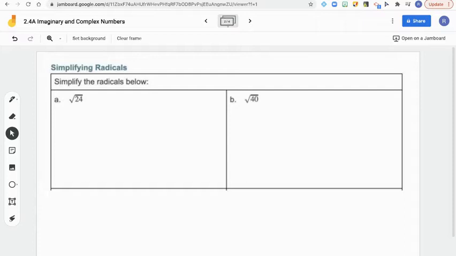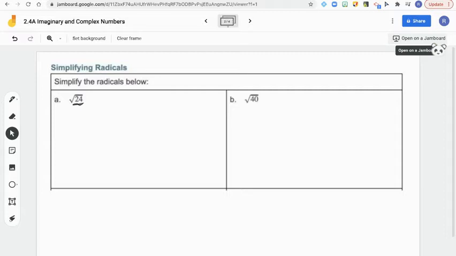And I'll tell you, there's really a couple of different ways that you can think about how to simplify these radicals. The first one, and one that you may have been taught, was to look at our square root, look at that number that's in the square root, and think about what perfect square I can divide this by.